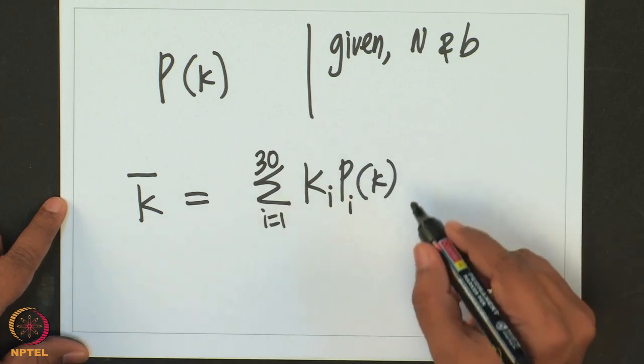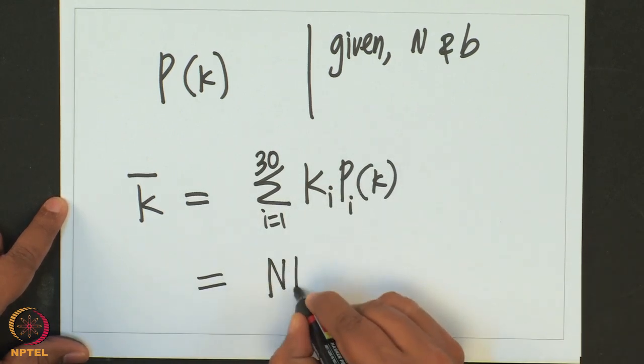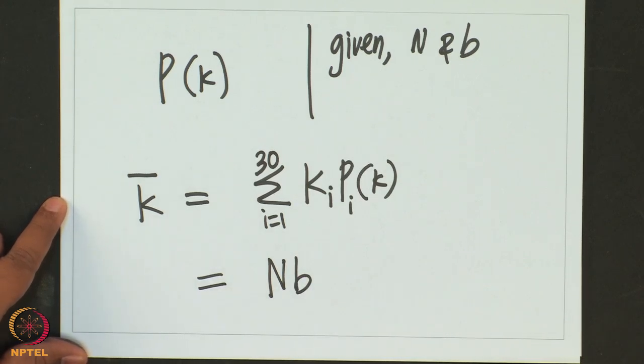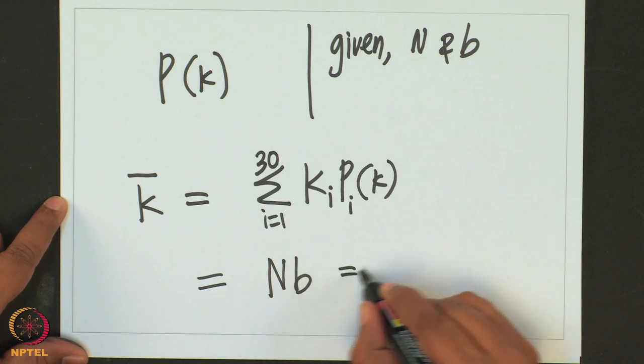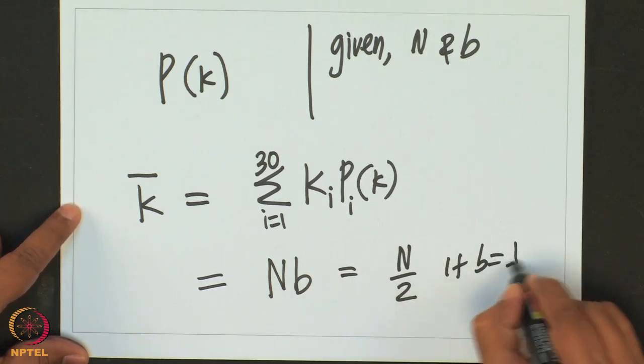And this would be the mean value, and it turns out that this is n times b. So the number of girls, if the bias is half, would be exactly n by 2 if b is equal to half.